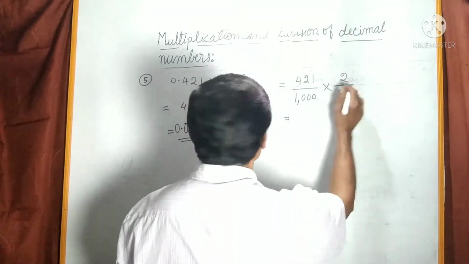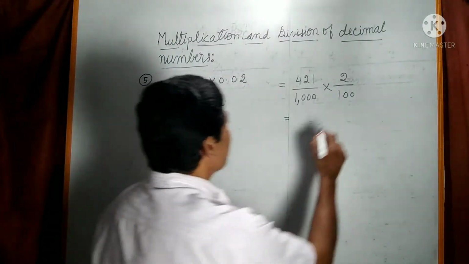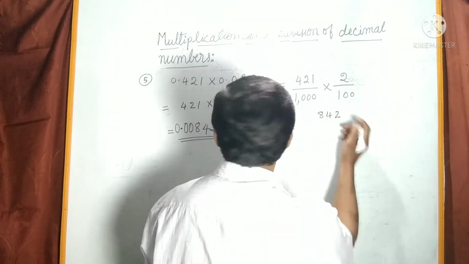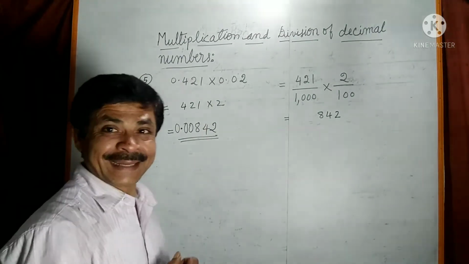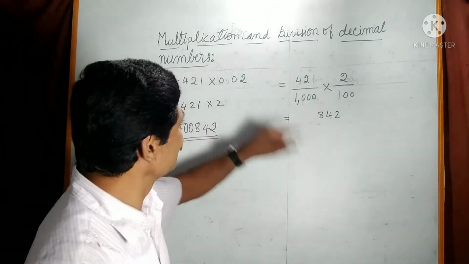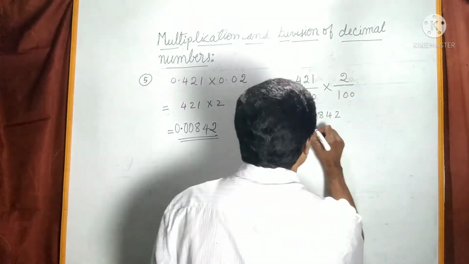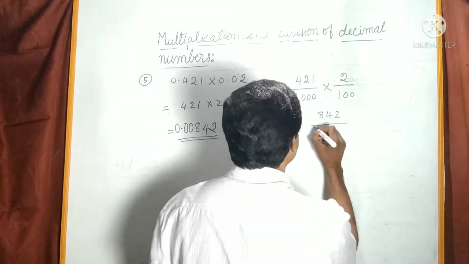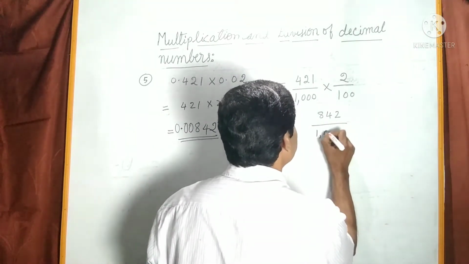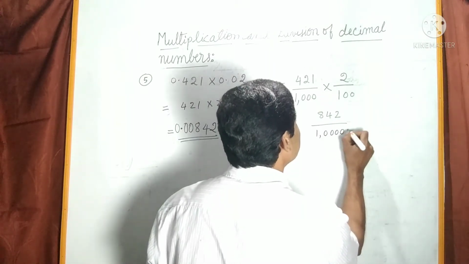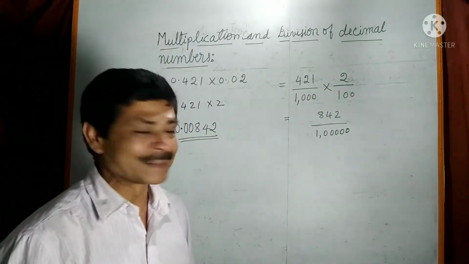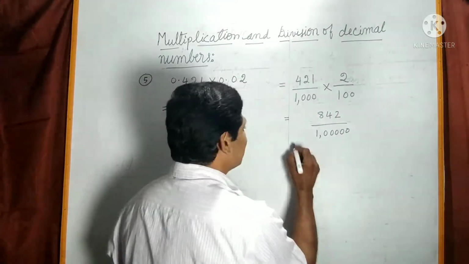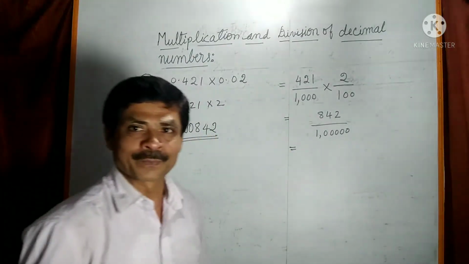This is equal to 842. We have done the multiplication here. 421 into 2 divided by 3 and 2, 5 zeros in the denominator. That means 1 lakh. This is equal to.